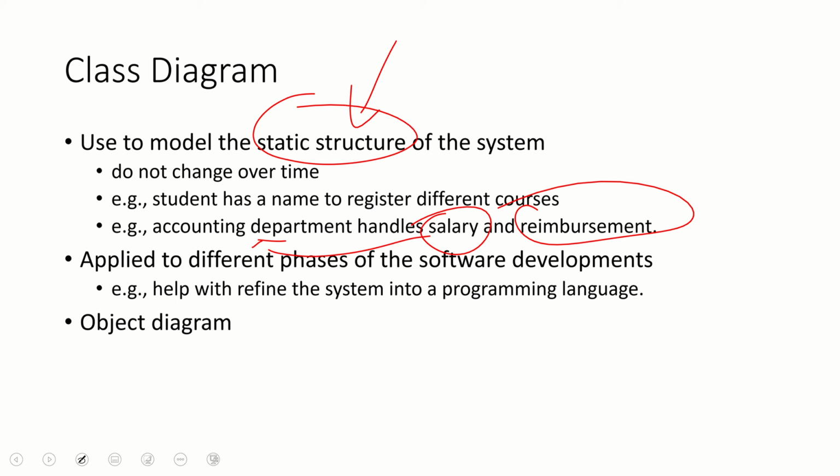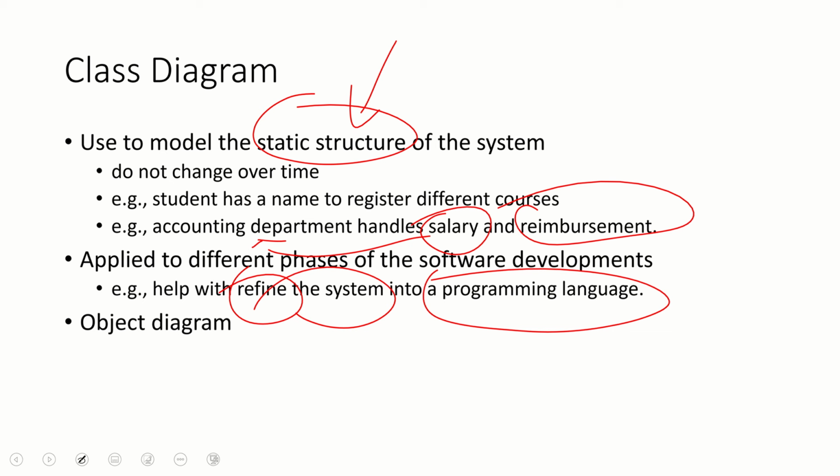It can help us to look at the details of your systems, to test your systems, to program and implement your systems. For example, it can help you to refine your system into a programming language, which means we involve our class diagram in the design phase.